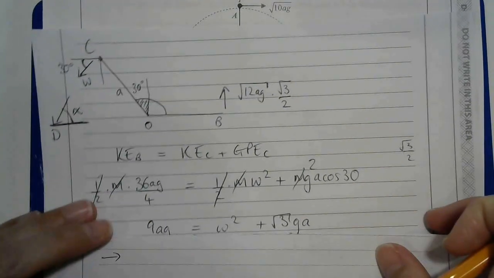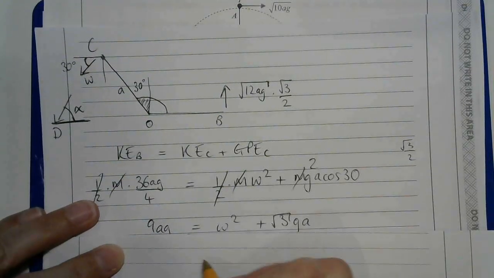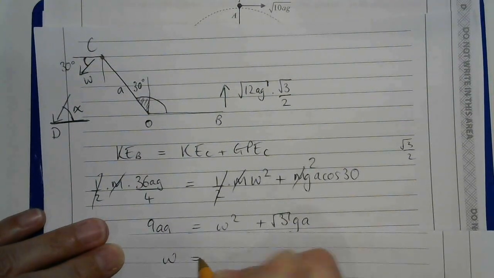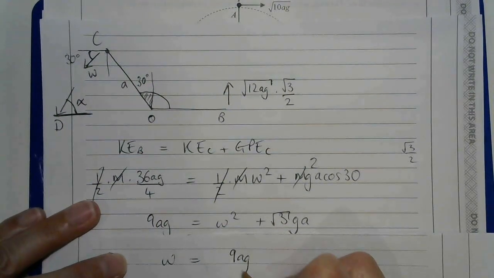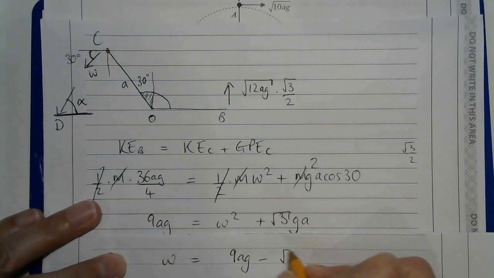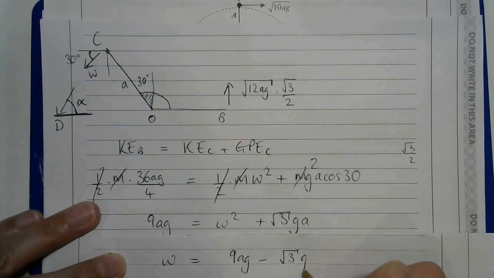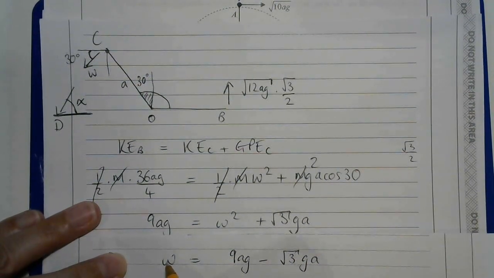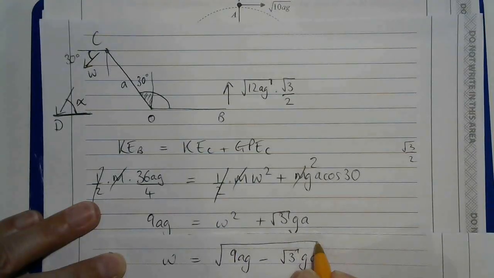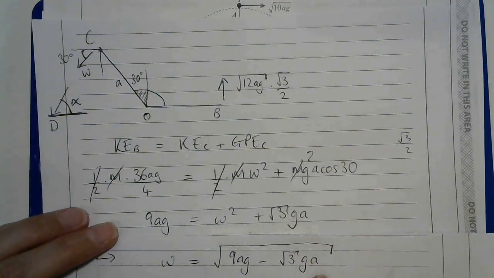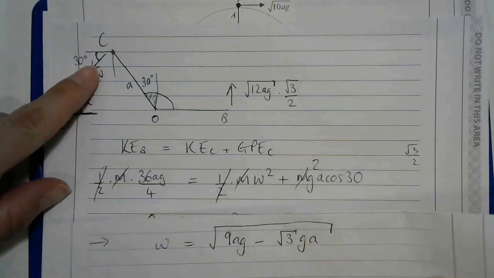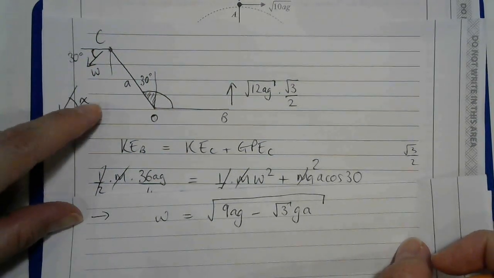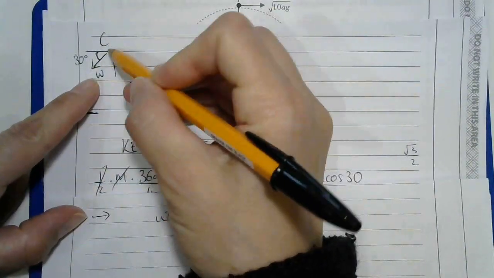So then following on from that, if I rearrange this, then I'll get W squared is 9Ag minus root 3 Ga. So then square rooting that, I get an expression for W, and so W is the speed with which it leaves here.